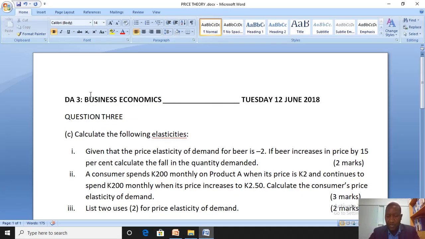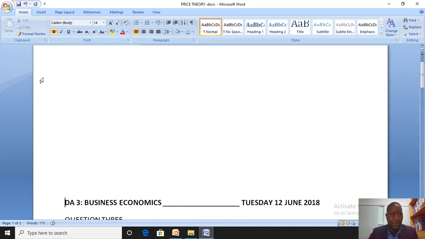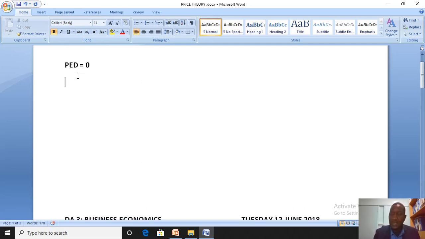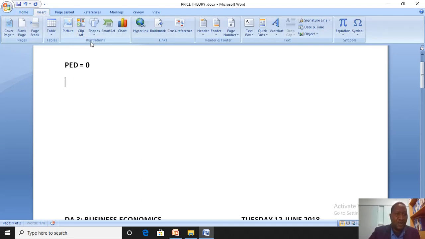So let me use this part of the page. What we said is that if your PED equals 0, it means that you have perfectly inelastic demand. Demand does not respond to changes in prices. So PED equals 0.